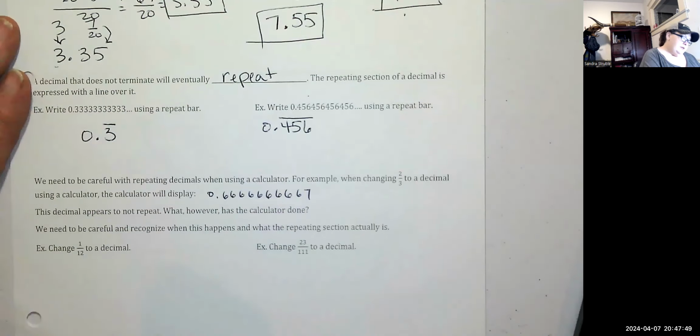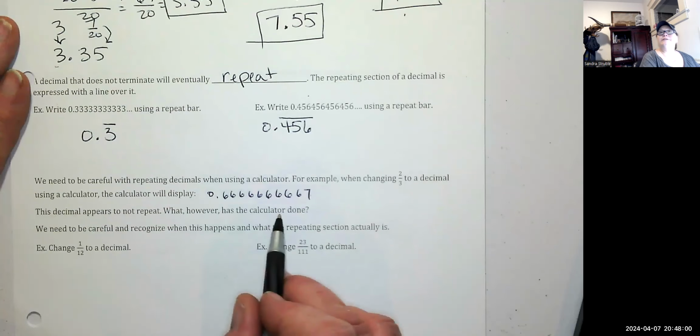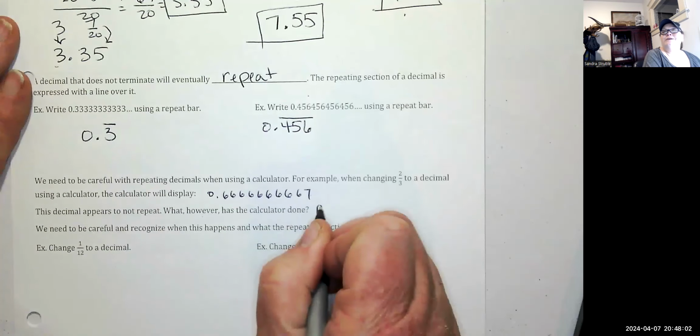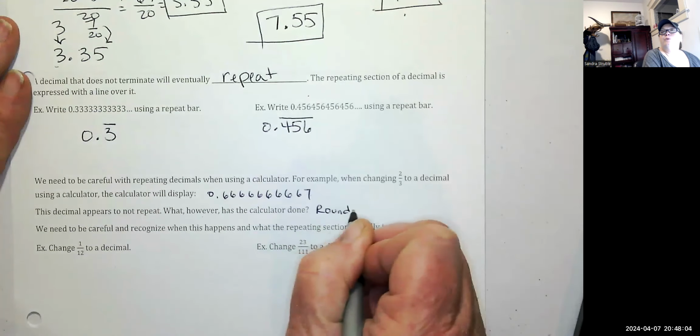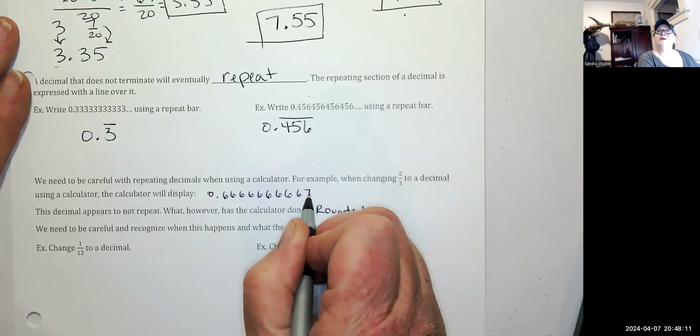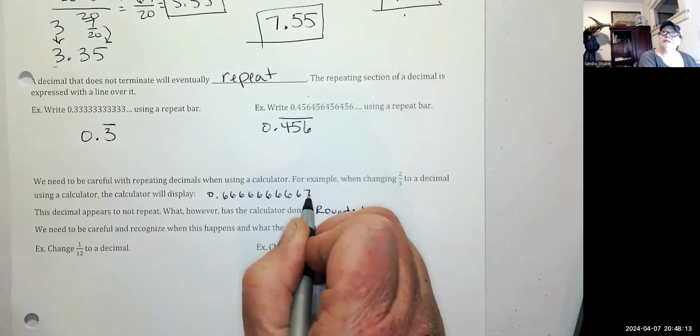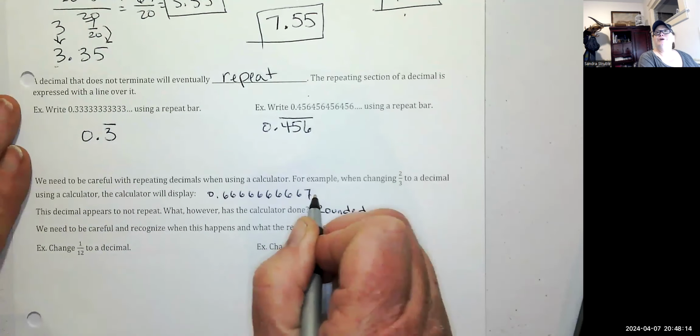The decimal appears to not repeat because it looks like it stops at 7, but it doesn't. What happened is the calculator has rounded it. The calculator rounded because the number over here was a 6 and it was its test digit, which means you have to add 1 to the 6, which made it a 7.